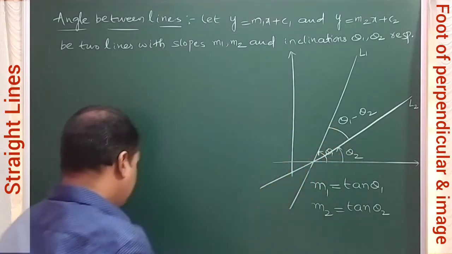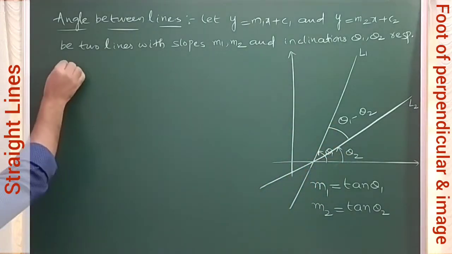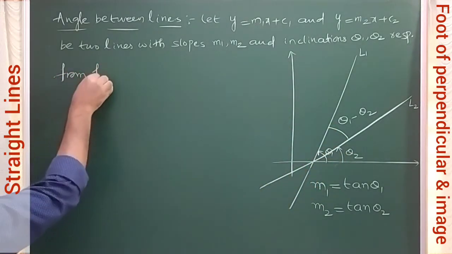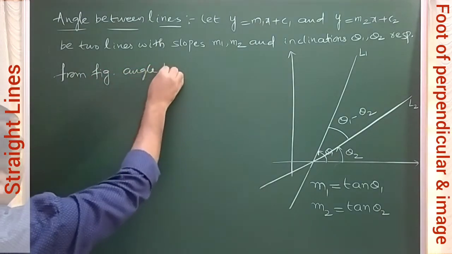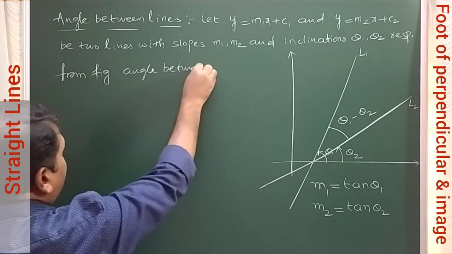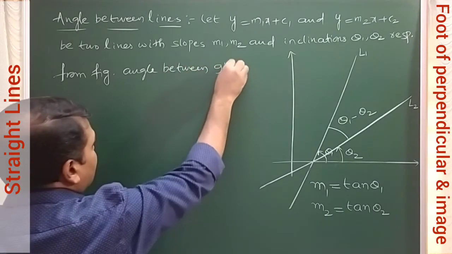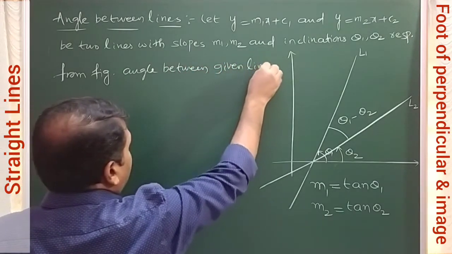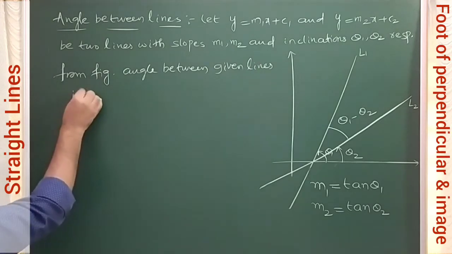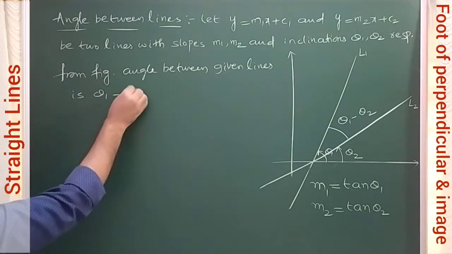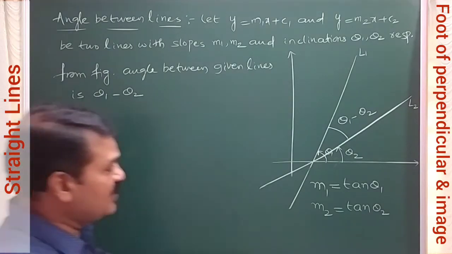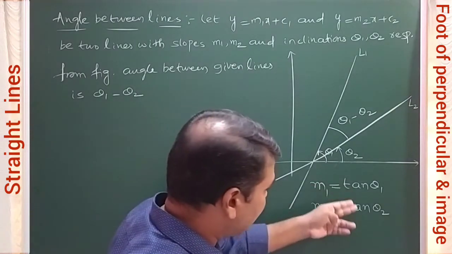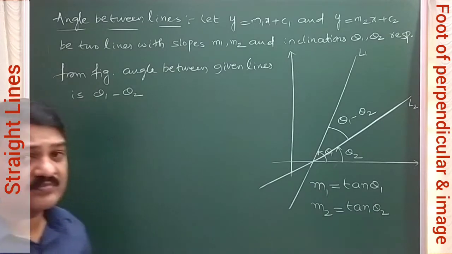Now from the figure it is clear that angle between the given lines is theta 1 minus theta 2. Now we know tan theta 1, tan theta 2 as m1, m2.